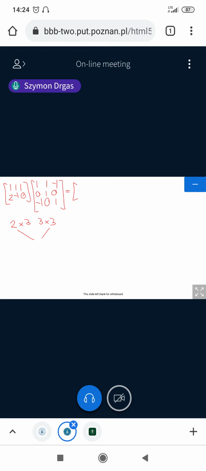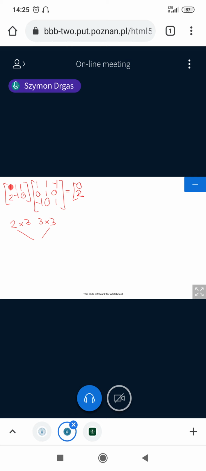So we have the first row times the first column. So it is 1 plus 0 plus negative 1, so it will be 0. Then the second row times the first column: 2 plus 0 plus 0 will be 2. Then we can move to the second column.